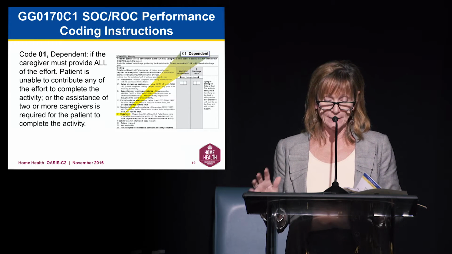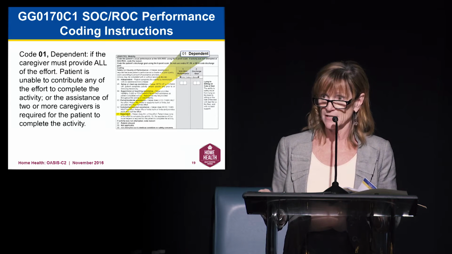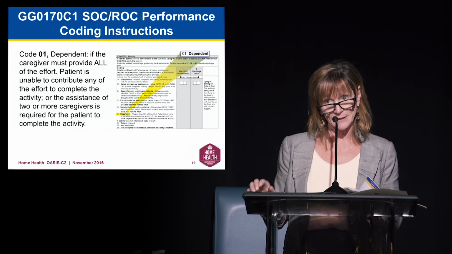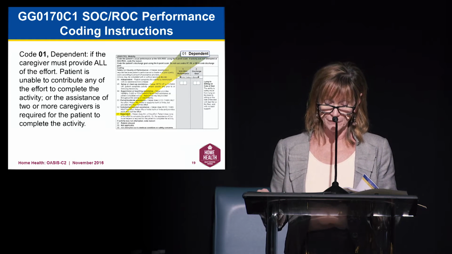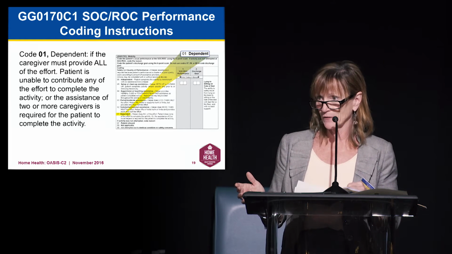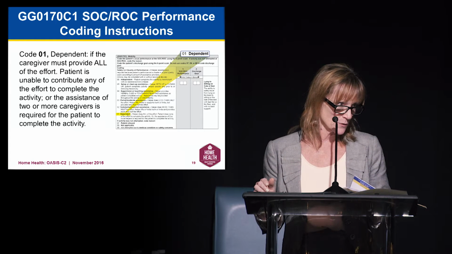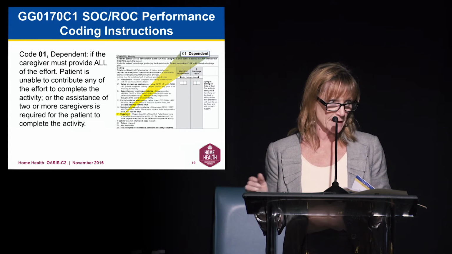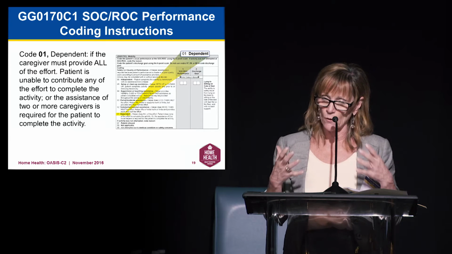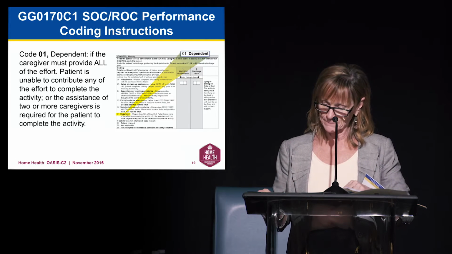It would be by one caregiver, or it could be 2 or 3 caregivers that are required to get the patient from a lying to sitting position with their feet on the floor. Again, this would obviously be someone that gets this assistance throughout the activity. So the caregiver or the family member would be providing all of that assistance, doing all the effort for the patient so that they could complete this.